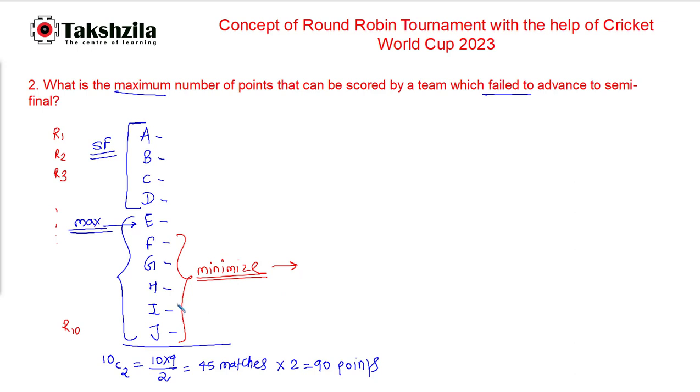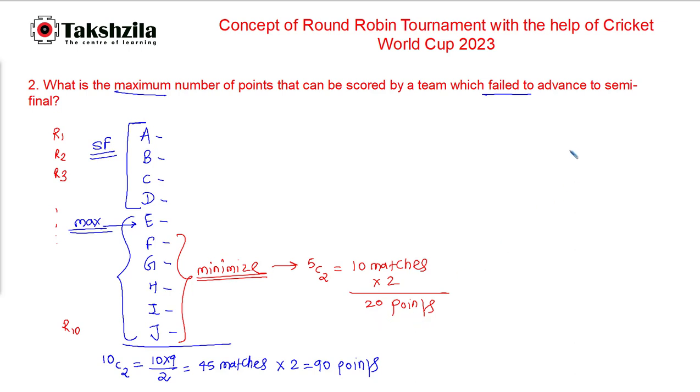For example, a match between F and G, F and H, we cannot give the points of the match F and G to some other team. So 5C2, that is equal to 5 into 4 divided by 2, 10 matches are going to happen between these 5 bottom teams, times 2, so 20 points are going to be there. The minimum number of points these 5 teams can score is 20 points.